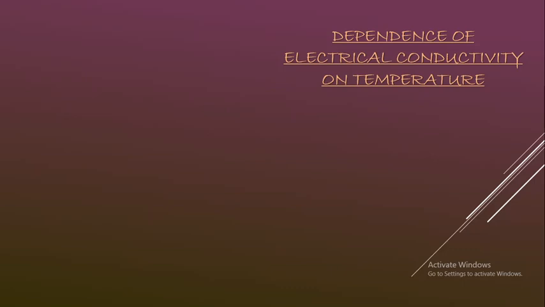In semiconductors, the dependence of conductivity on temperature is often pronounced. So let us first consider the simplest type of semiconductor, that is a pure semiconductor, which means we are going to consider a semiconductor in the intrinsic region.